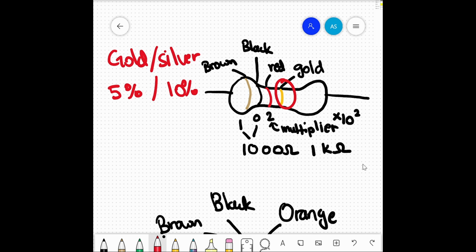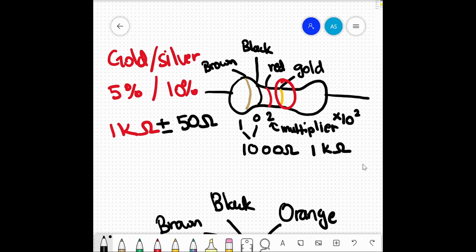So if a resistance is specified to be 1 kilo ohms and it has a gold band, it means that there is a plus or minus of 5% or 50 ohms, because 5% of 1000 ohms is about 50 ohms.